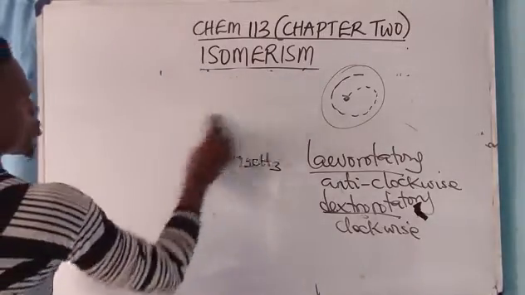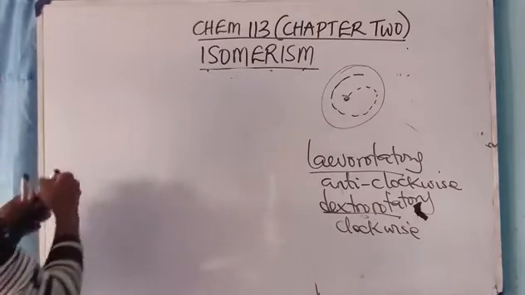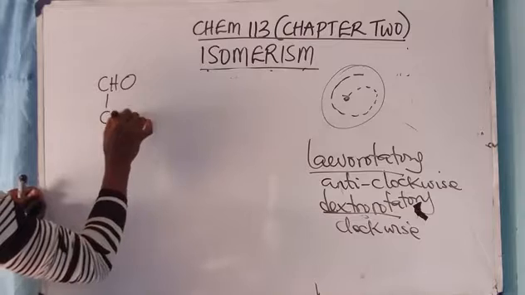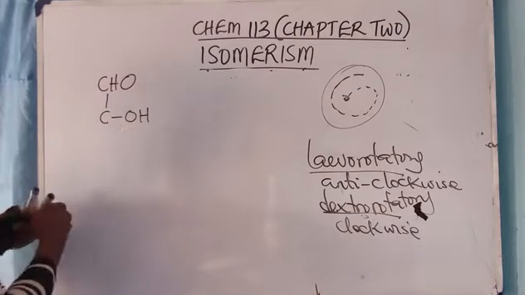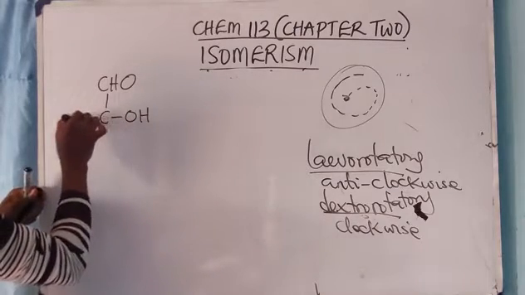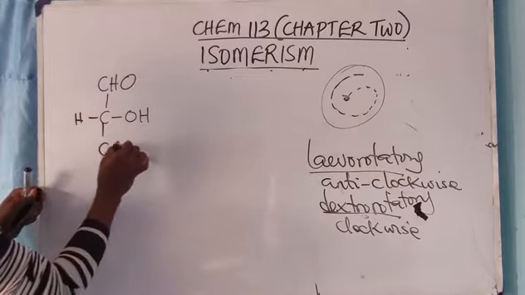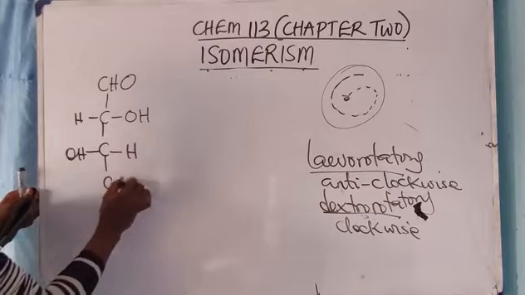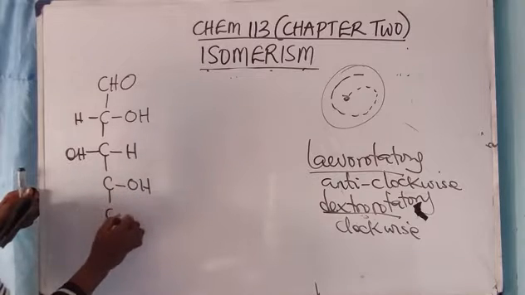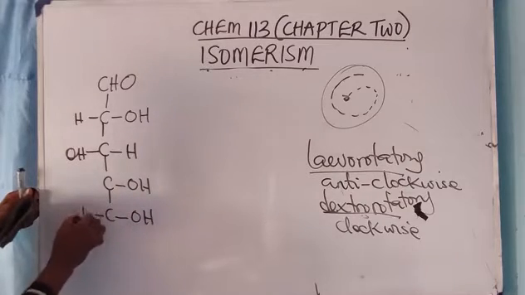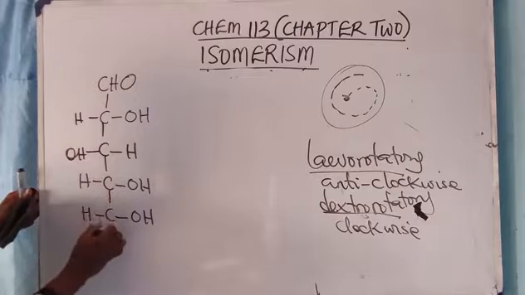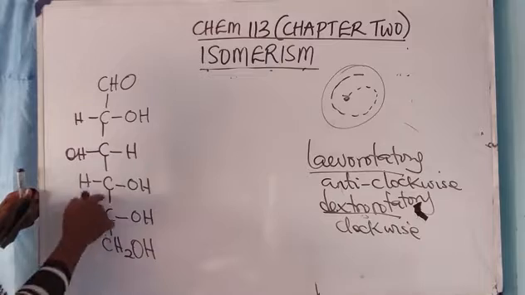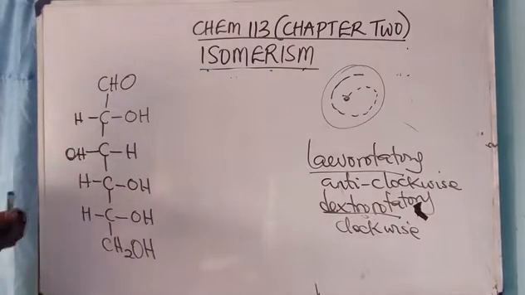Even glucose. I have CHO, I have OH, I have H, I have H, I have OH, I have OH, I have H, I have H, CH2OH. 1, 2, 3, 4, 5, 6.